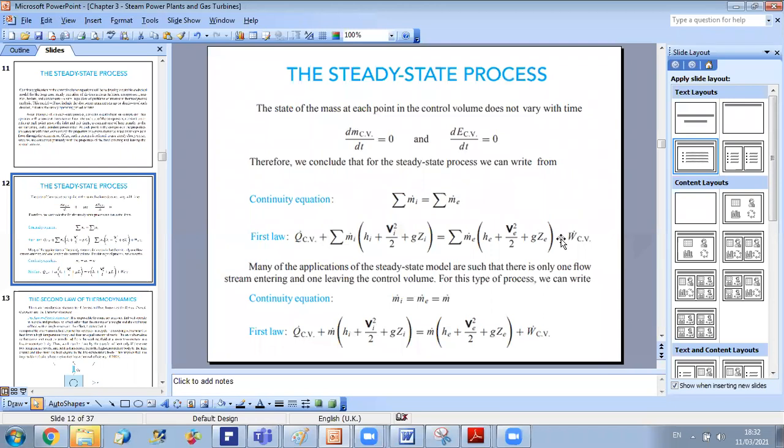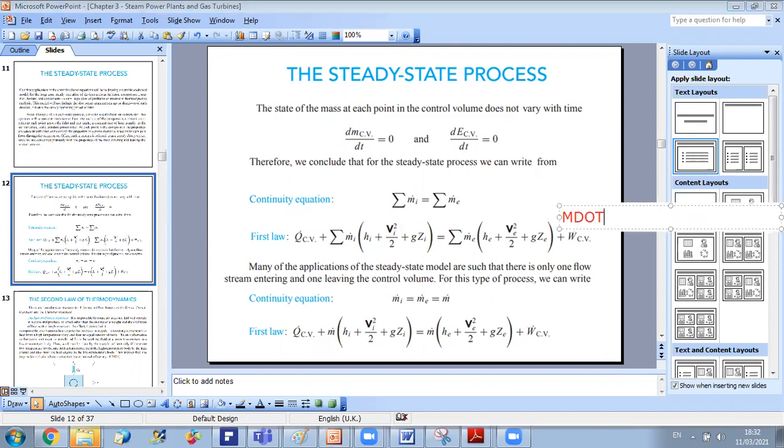You can replace W dot by m dot times small w. Small w unit will be like H, because H in this equation is also multiplied by m dot. In general it's in joule per kilogram, but if you use for H kilojoule per kilogram, then w also will be in kilojoule per kilogram.